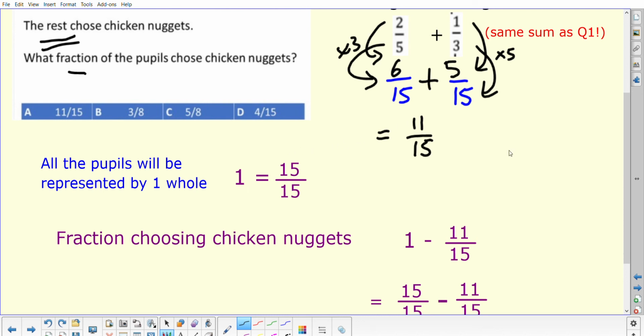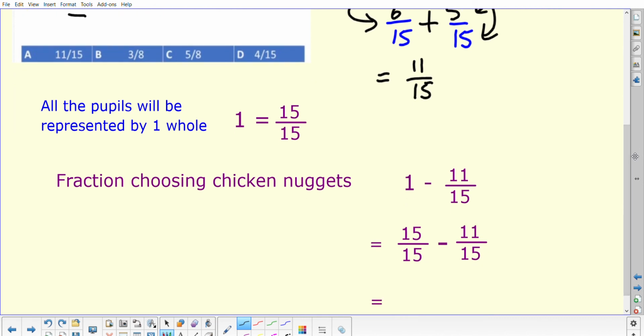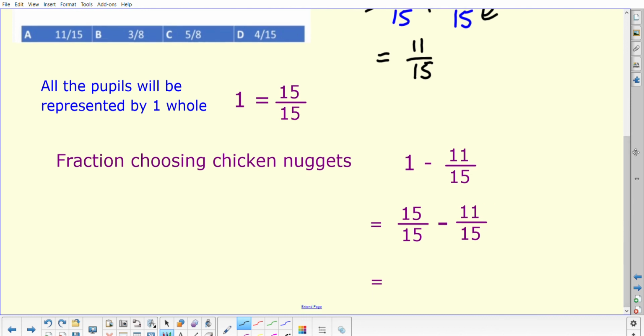So the fraction that chose chicken nuggets would be how many out of the one whole piece is left. So 15/15ths take away 11/15ths means that you would have been looking for 4/15ths as your answer.